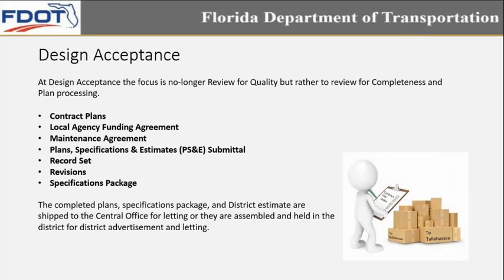Some of the items: contract plans, local funding agreements, maintenance agreements, plans and specs, record sets, revisions, spec packages. That's not a comprehensive list. I just went through a couple of the major items. The completed plans, specification package, and district estimate are shipped to central office for letting, or they're assembled and held in the district for district advertisement and letting.